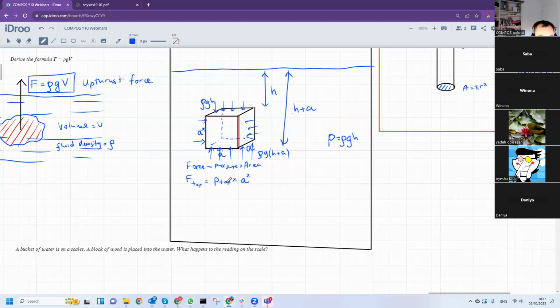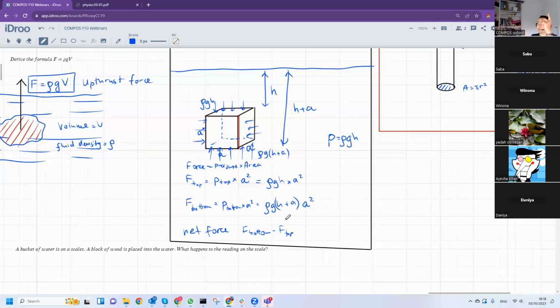So force on the top is pressure on the top times A squared, which is rho gh multiplied by A squared. The force on the bottom is the pressure on the bottom multiplied by A squared, and the pressure on the bottom is rho g (h plus A) multiplied by A squared. And the net force, because we know the upwards force is force on the bottom minus force on the top.